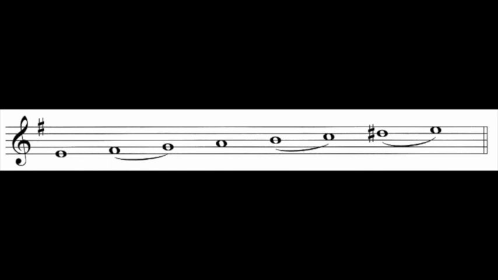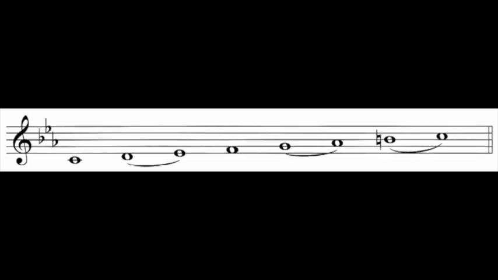The E harmonic minor scale has the same key signature as G major, its relative major, but the 7th scale degree, or D sharp, is raised with an accidental. In a harmonic minor scale, there are semitones between 2 and 3, 5 and 6, and 7 and 8.